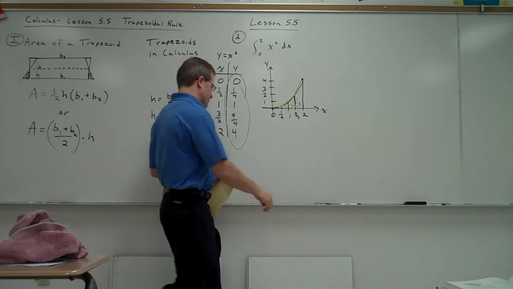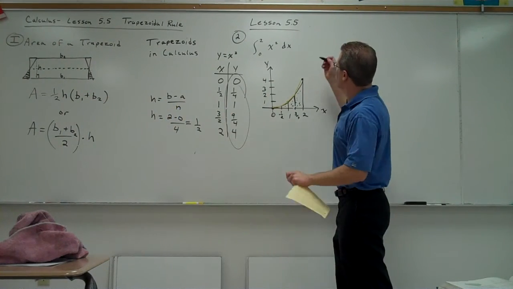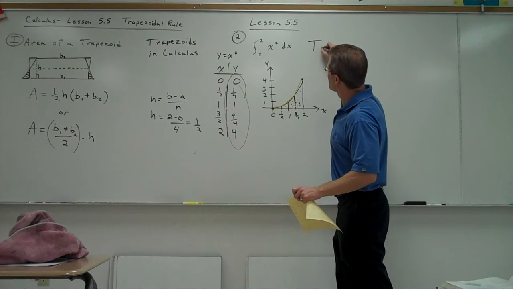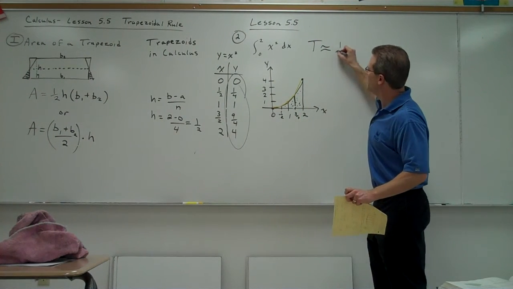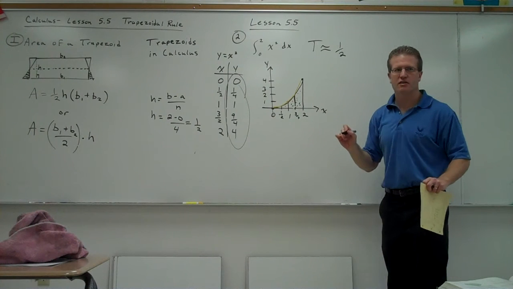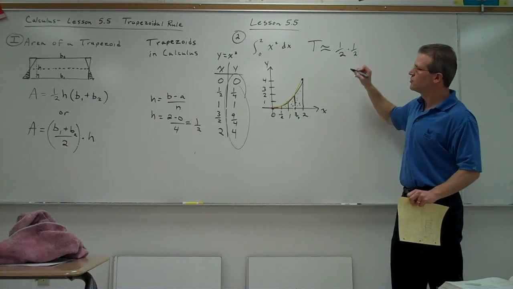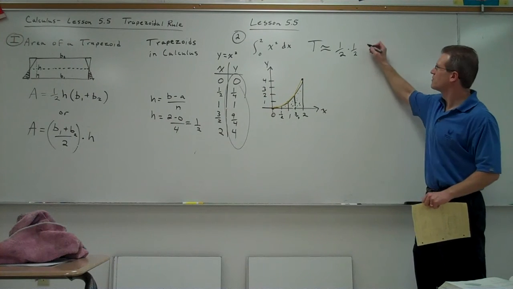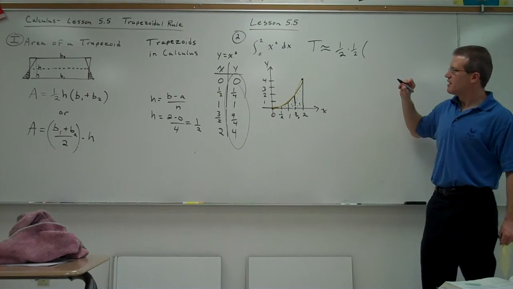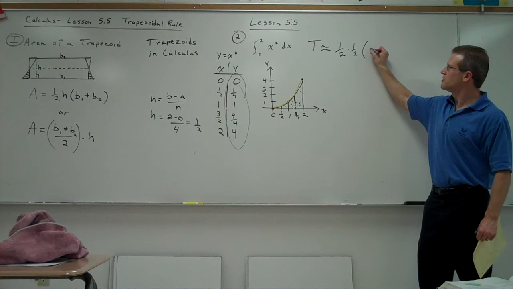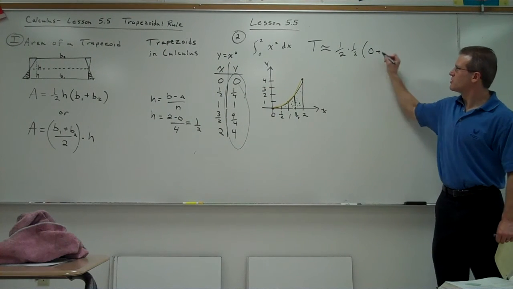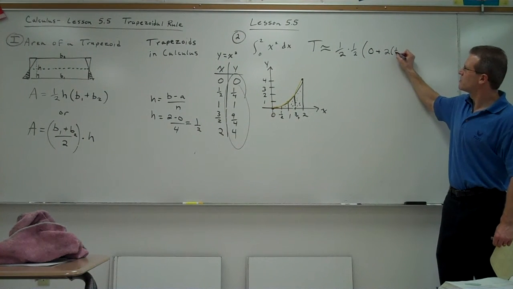But to actually use the trapezoidal rule now, let's call it T for trapezoidal approximation. We're going to do 1/2 the height. What's our height again? A half. So half times a half, or you could do half divided by 2, that would be the same thing. Times your first y coordinate, which is 0, plus 2 times your second y coordinate, so 2 times 1/4.